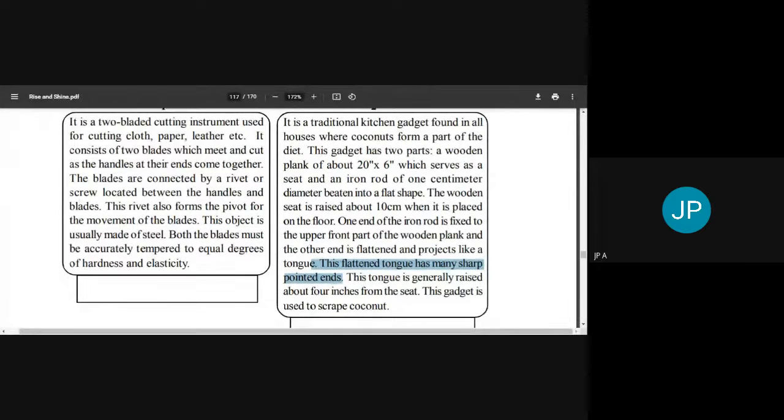Then again the position of the tongue is mentioned. How is it described? It is raised 4 inches from the seat. Which is the seat? What functions as the seat? The plank functions as the seat. So the tongue is raised about 4 inches.